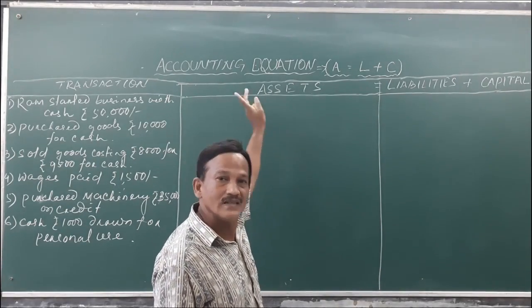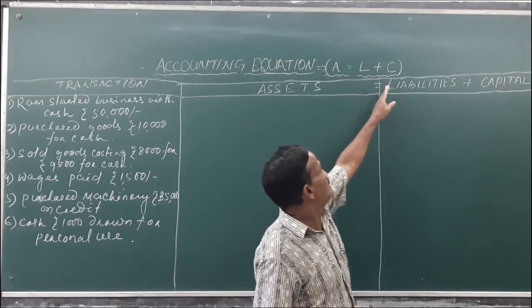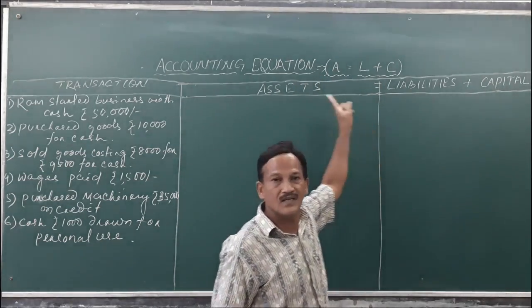The accounting equation is assets equals liabilities plus capital.